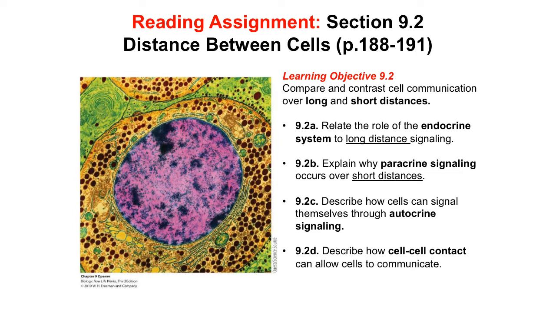The sub objectives under this would be first, relate the role of the endocrine system to long distance signaling. Two, explain why paracrine signaling occurs over short distances. Three, describe how cells can signal themselves through autocrine signaling. And fourth, describe how cell-cell contact can allow cells to communicate.